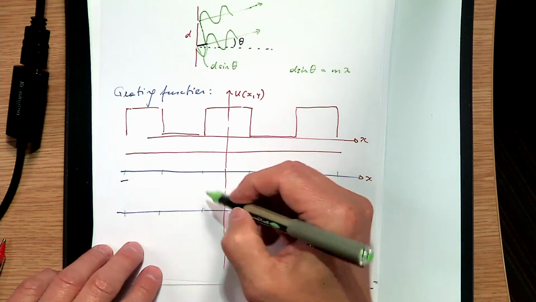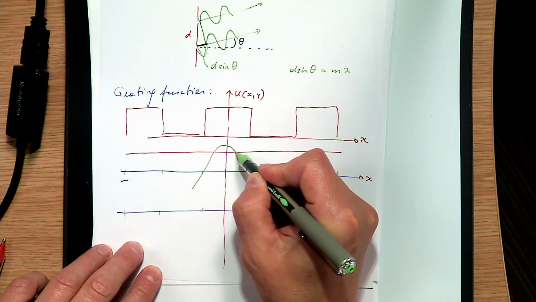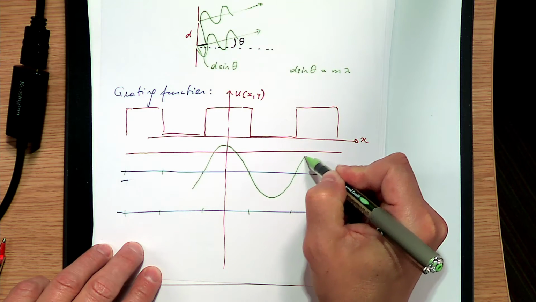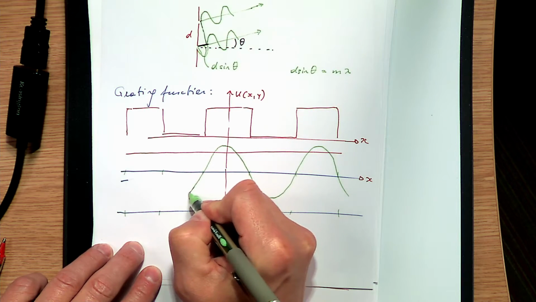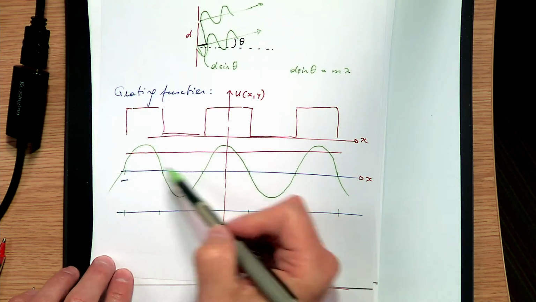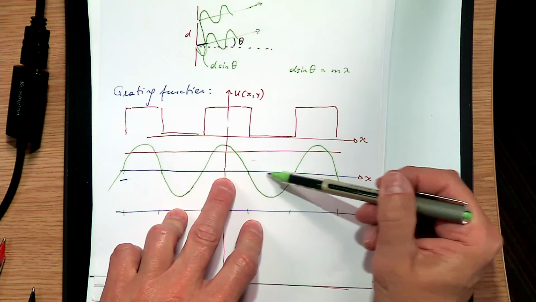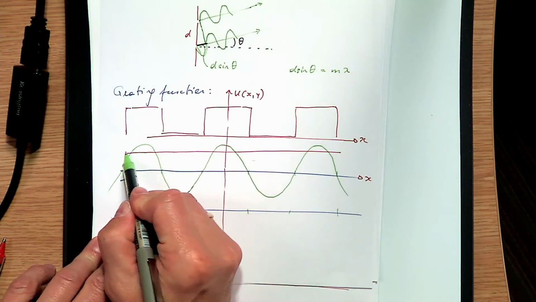There will be a component that looks like this for sure. Can you see this? Of course, this mimics this function quite well. Now that's symmetric around 0 here, so we need that DC component as well.